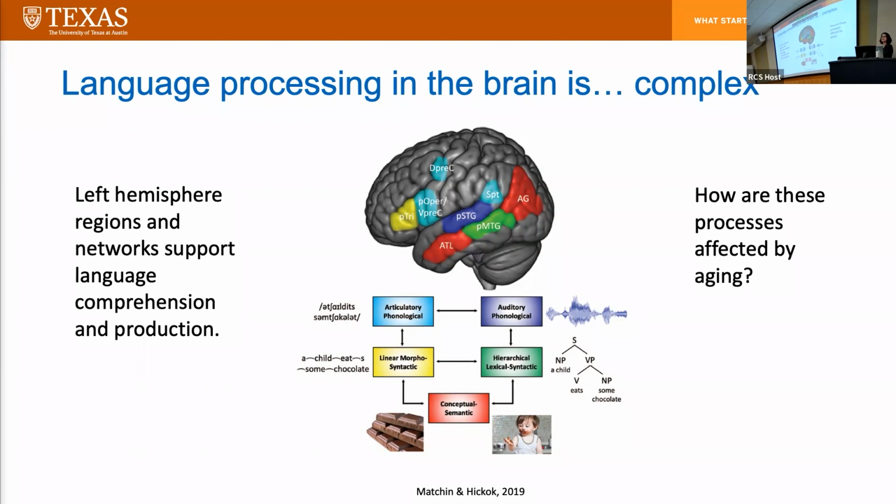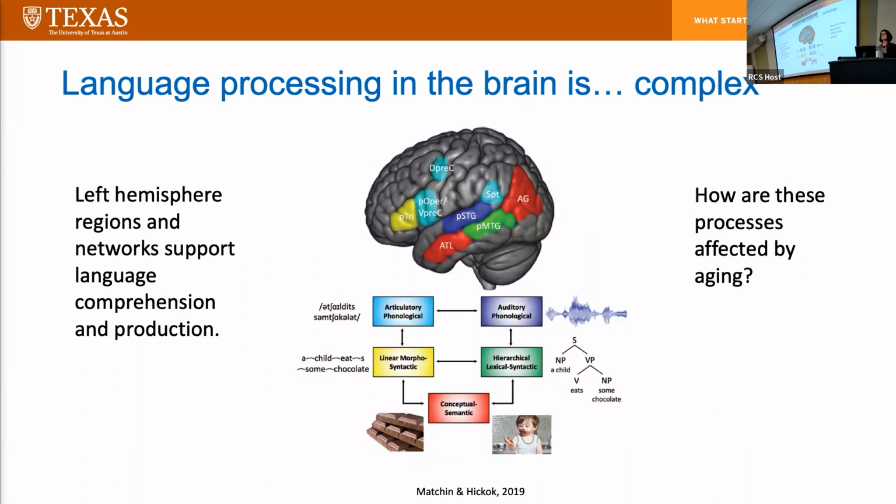when you comprehend language, there are lots of things going on. So at the most basic level, we have to process the incoming auditory stimuli and map sounds onto words that then allow us to access word meanings. And then we have to decode words in a sentence to access even higher level meanings.